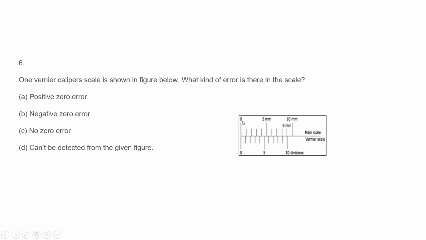In this particular case, 0 of main scale and 0 of vernier scale are completely coinciding with each other. From this we can say that there is no zero error. So in this case there is no zero error.